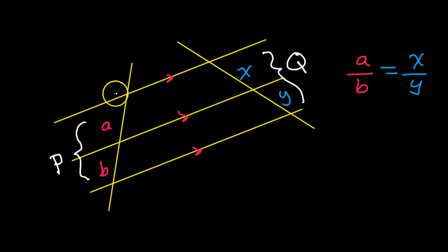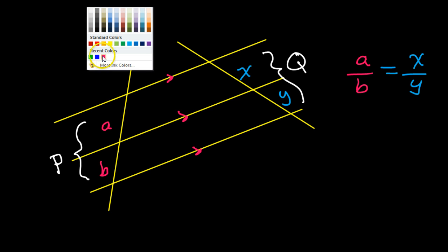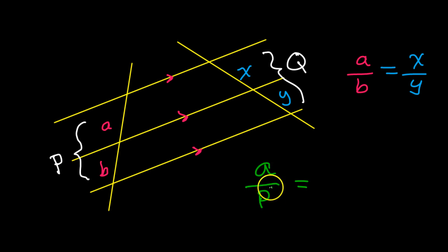For example, A over P should equal X over Q. So you can do part over whole equals part over whole. And I could have done it just as easily with b and y. So I could say b over p is equal to y over q.